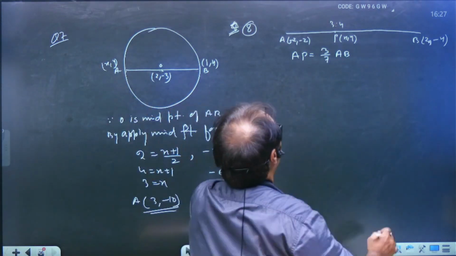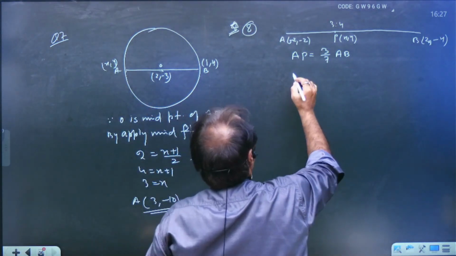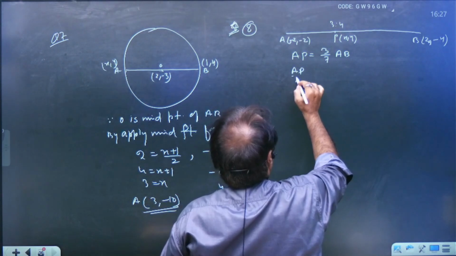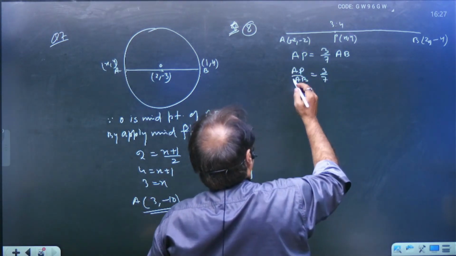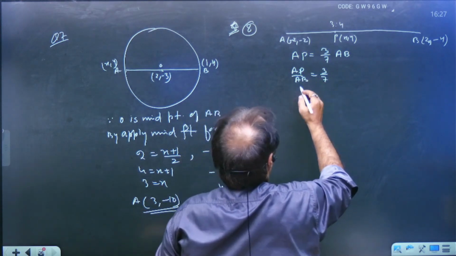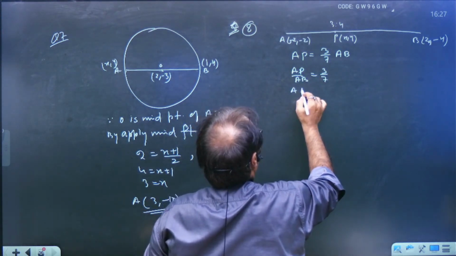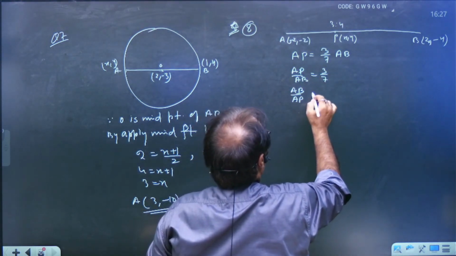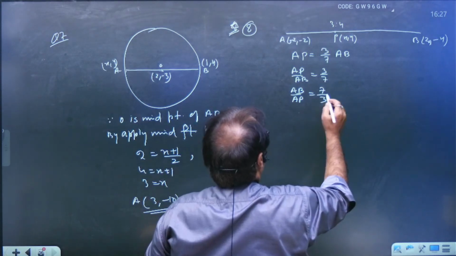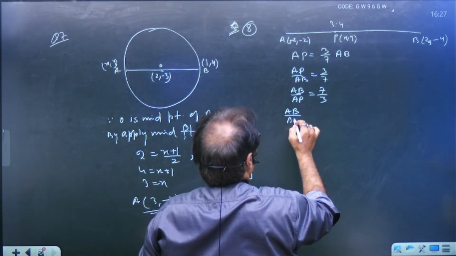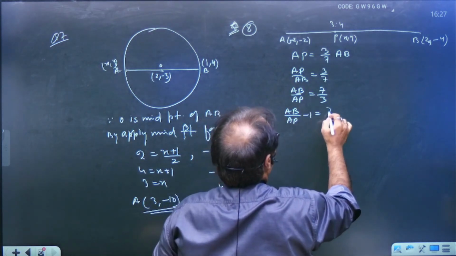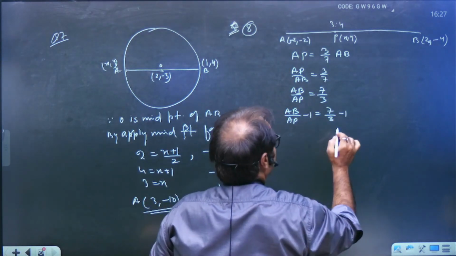But anyhow, either you can write it directly or find out how it will be. Okay, so first we will simplify this one. AP upon AB is equal to 3 by 7. Now just take the reciprocal. So AB upon AP is equal to 7 by 3, and subtract 1 on both sides. AB upon AP minus 1 is equal to 7 by 3 minus 1.